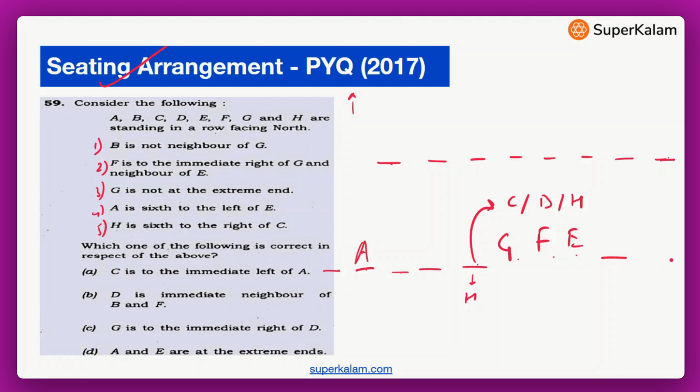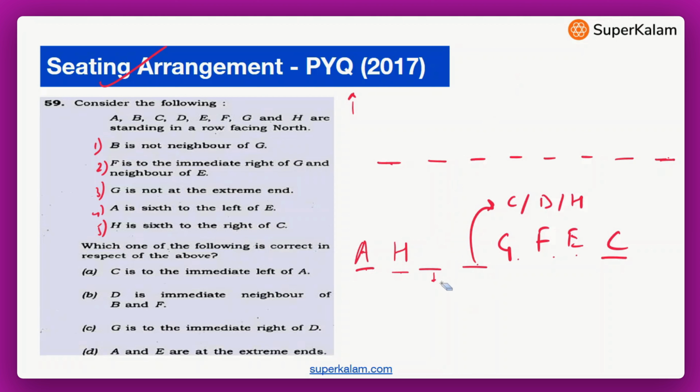This cannot take place. Similarly this will also not be possible, because we will have to add another place for C to be there. So the only possible thing is H should be here, and C would be here, so we won't be needing this blank.